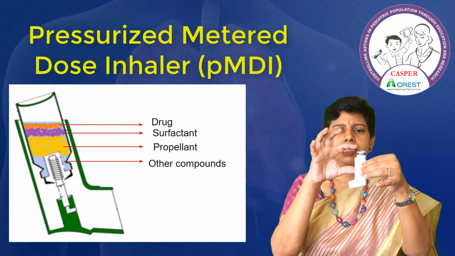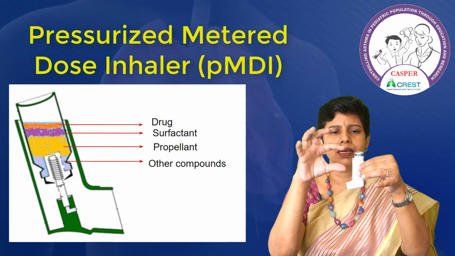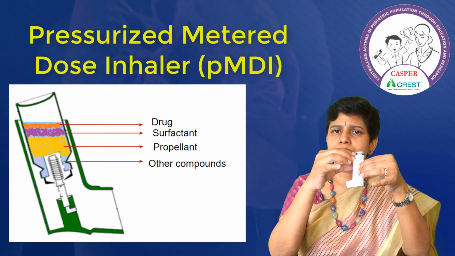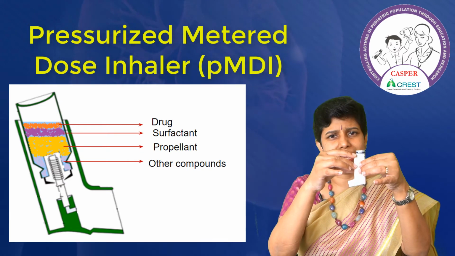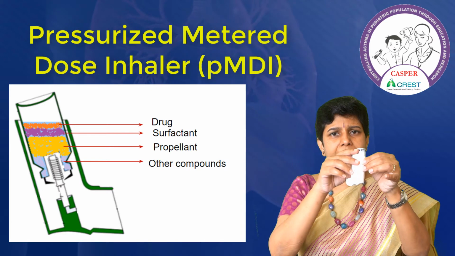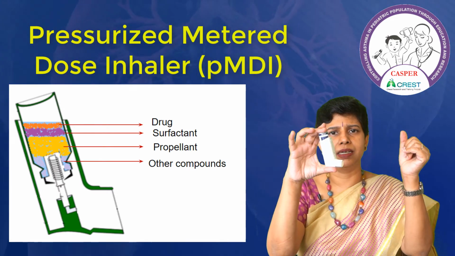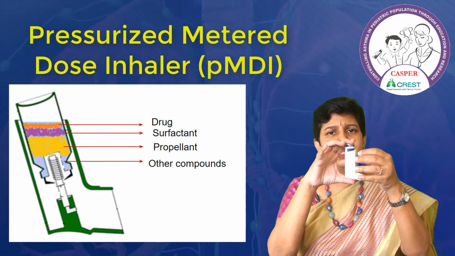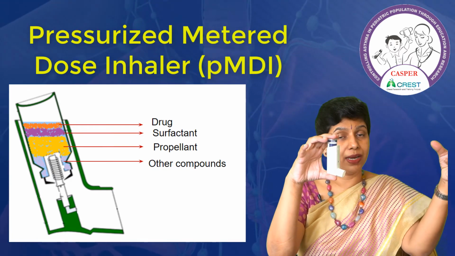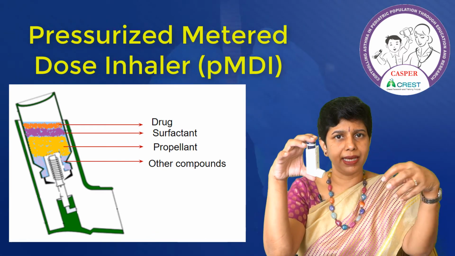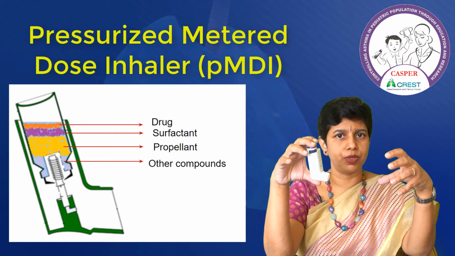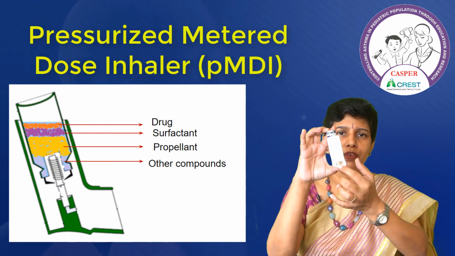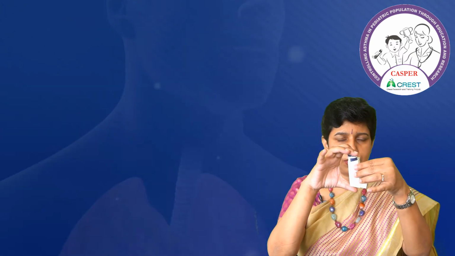The inhaler contains the drug mixed with the propellant, which is nothing but a compressed gas at cold temperature, and whenever we press the inhaler, the compressed gas decompresses and aerosolizes, and with the aerosol the drug also comes out. So this is the pressurized metered-dose inhaler. There is a valve over here through which the drug comes out.